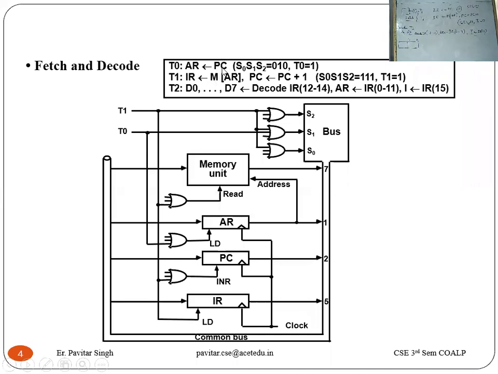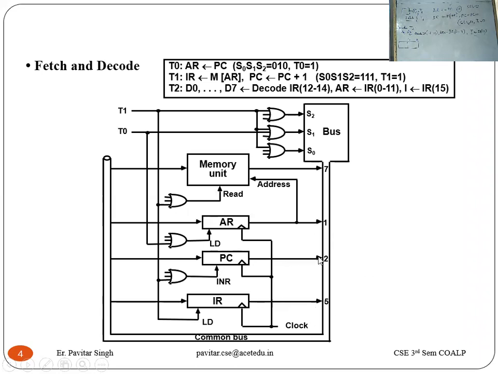First of all, PC places its contents on the bus with the help of these signals. Any register which wants to write data onto the bus does so with the help of these signals.